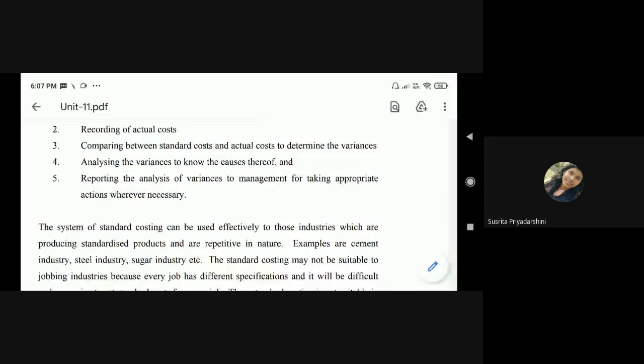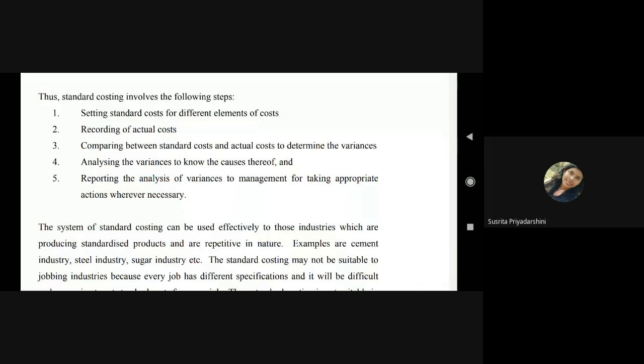Why did such deviation occur? Depending upon the historical figure, I had calculated 10 lakh, but why is it coming to 15 lakh after actually spending the amount? So it has to be done. Okay, next, analyzing the variances to know the cause thereof.